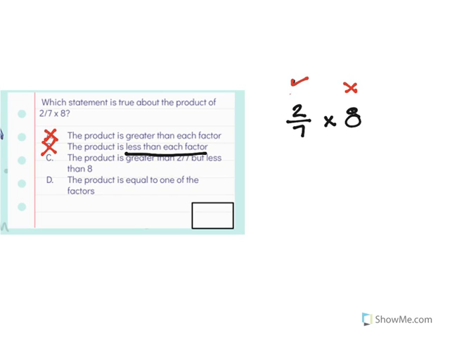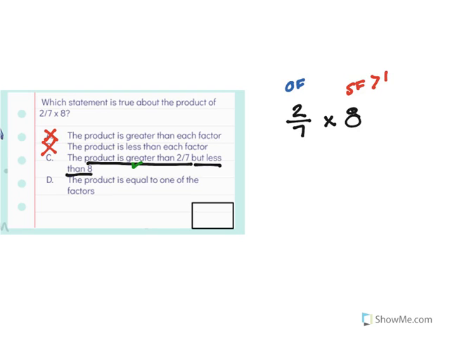Let's go ahead and take a look at C. C says the product will be greater than 2/7. Okay, if I'm comparing to 2/7, that means 2/7 would be the original factor and 8 would be the scale factor. If I want to be greater than 2/7, then my scale factor has to be greater than 1. I can see 8 is greater than 1. So far, that works. Let's read the rest of the statement.